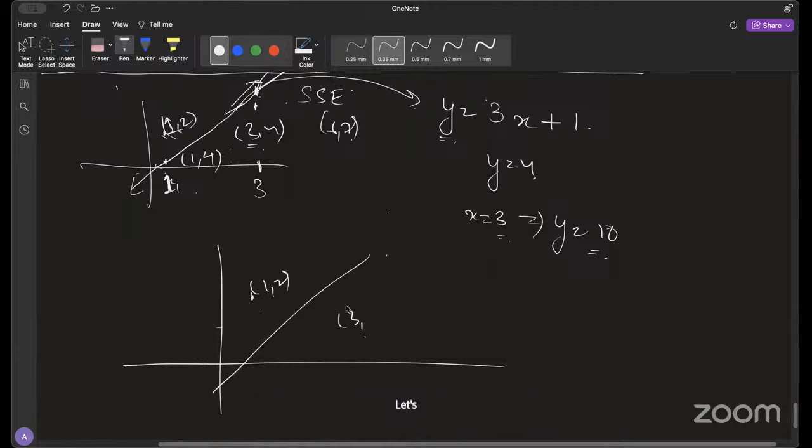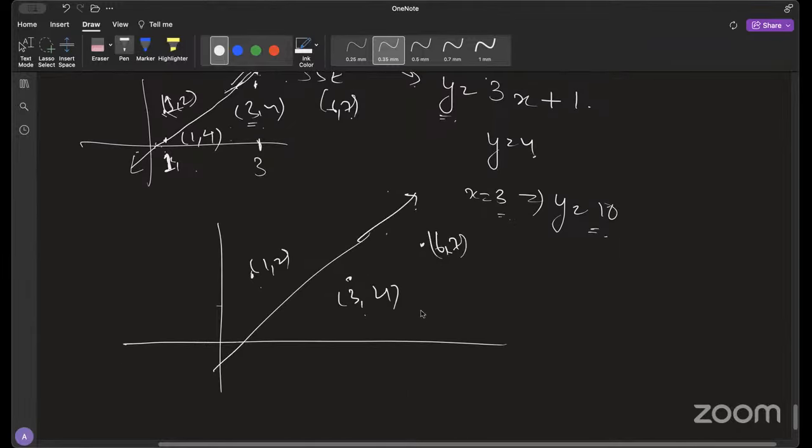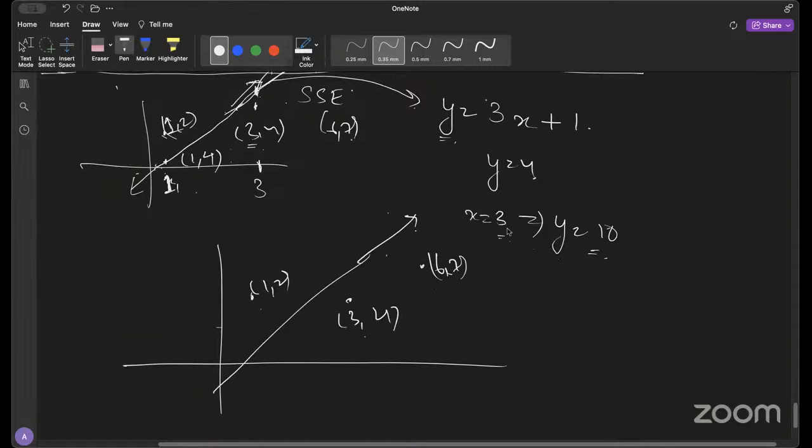Let's say you have this point, and this is the 6, 7 point. Okay, what you do here is you're trying to find a point. You know these points, right? So you're trying to find a point here, such that the x coordinate is the same as this one, but the y coordinate is on this line.